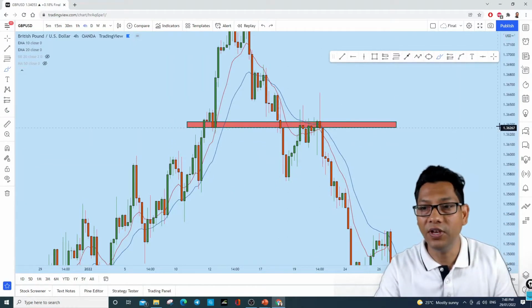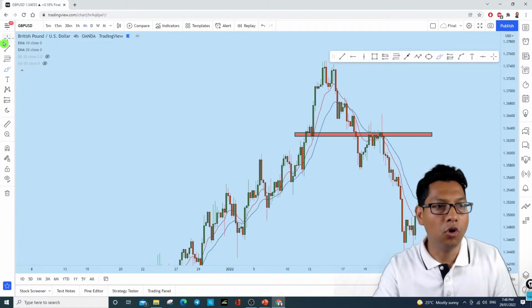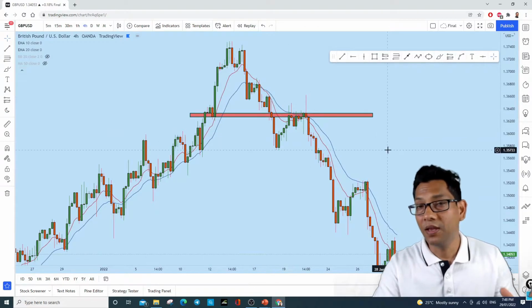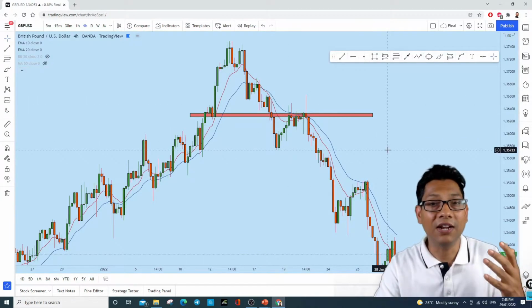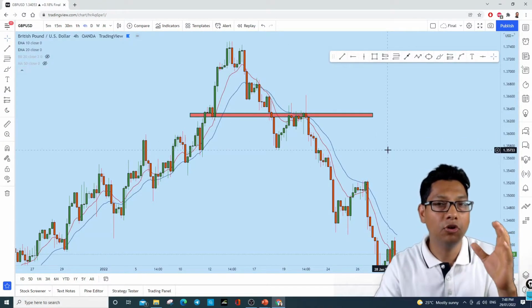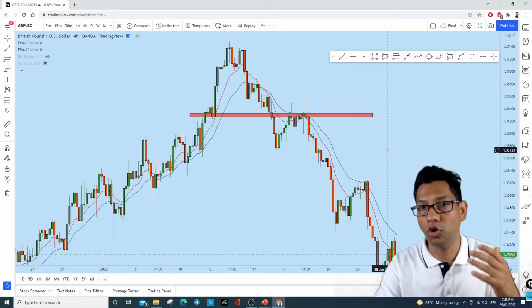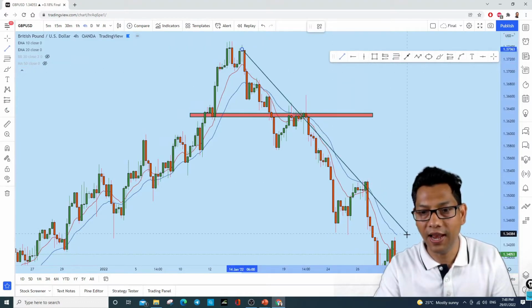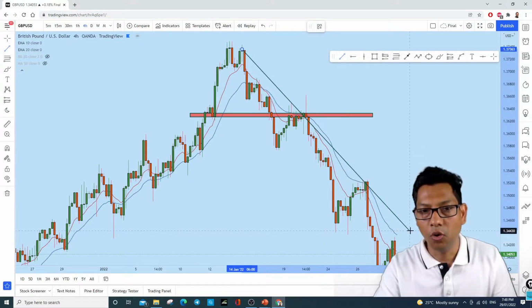Now we need to see if it is on a trend line. Now let's draw the trend line on this pin bar. The best way to see a trend line is with a 20 period moving average, that is what I normally do. It is a dynamic trend line. If you draw a trend line by hand, it might sometimes go in a wrong direction.